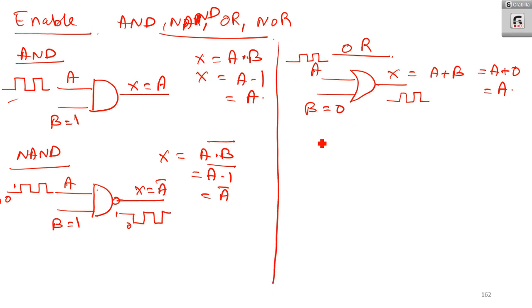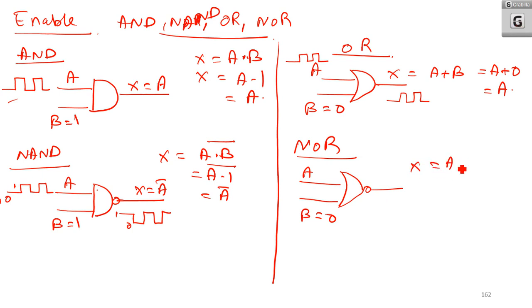Next one is enabling using NOR. Here again I am having a NOR gate. A is there and B is set to 0. So what is here? X is equal to (A or B) the whole bar. But B is equal to 0.